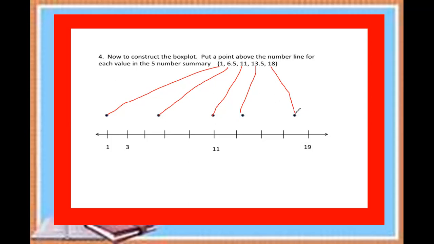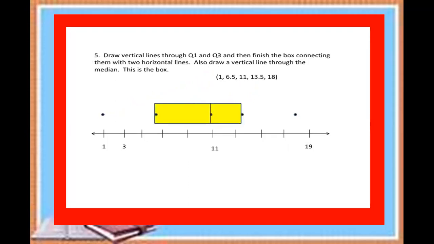After that, we can now draw vertical lines through quartile 1 and quartile 3. Then finish the box connecting them with the horizontal lines. Also draw a vertical line through the median.